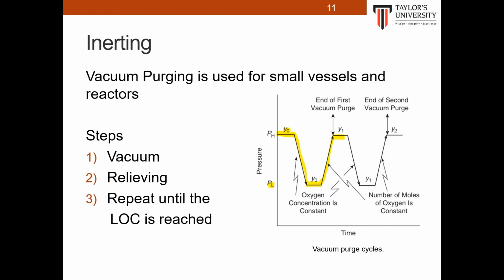And we let it sit for a while. The next thing is we again vacuum the vessel so that the pressure can come down, again, to the lower pressure that the vessel can take. And again, we repeat this process again and again until this LOC level is achieved.